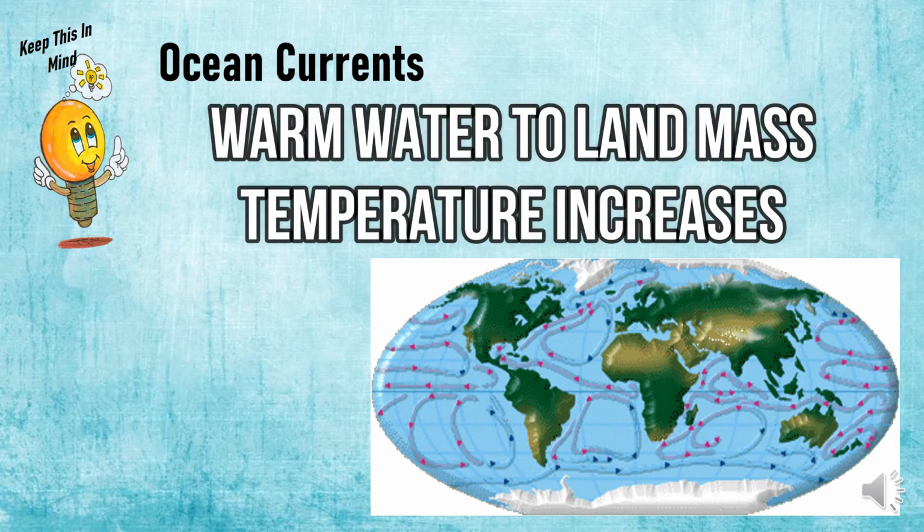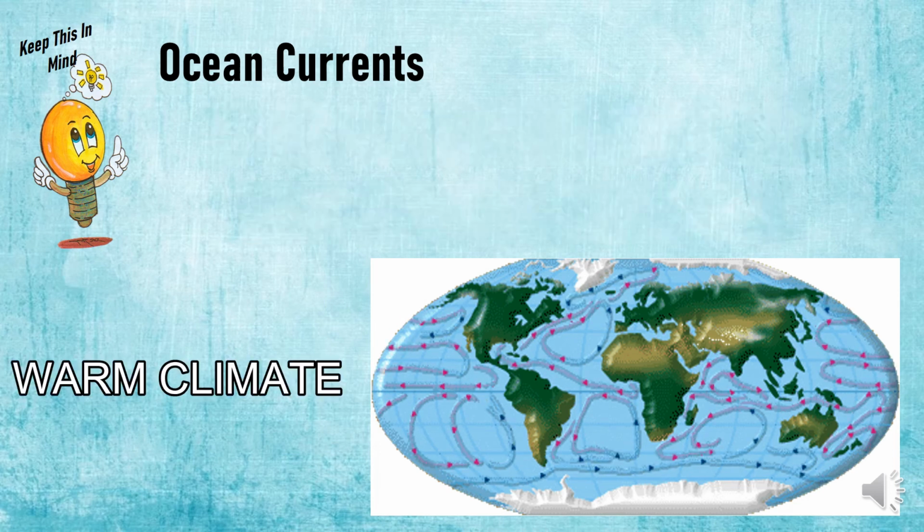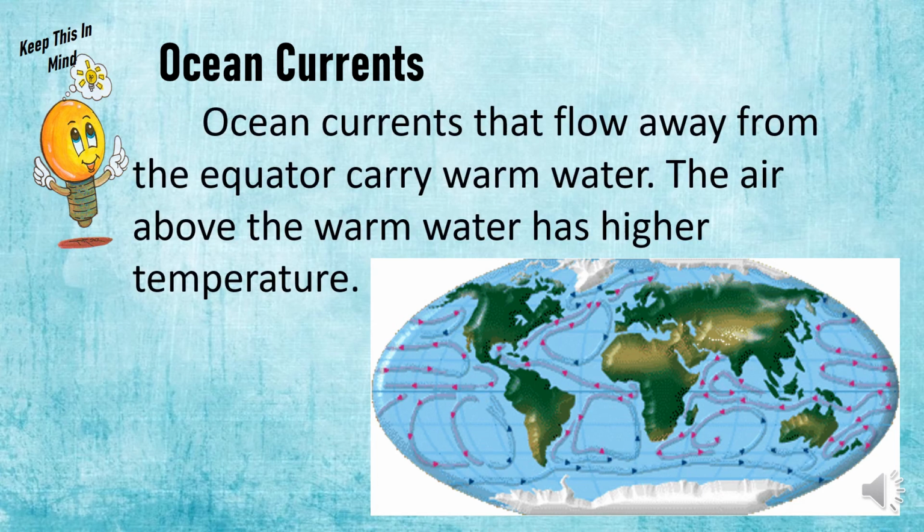When warm ocean currents that take along warm water go to a landmass, the temperature of that place increases as warmer air above the water flows inland, resulting in a warm climate. Ocean currents that flow away from the equator carry warm water. Thus, the air above the warm water has higher temperature.